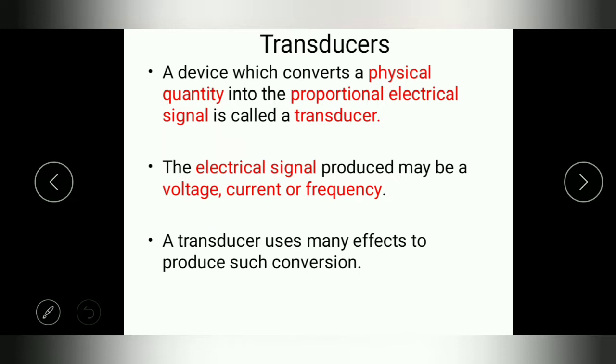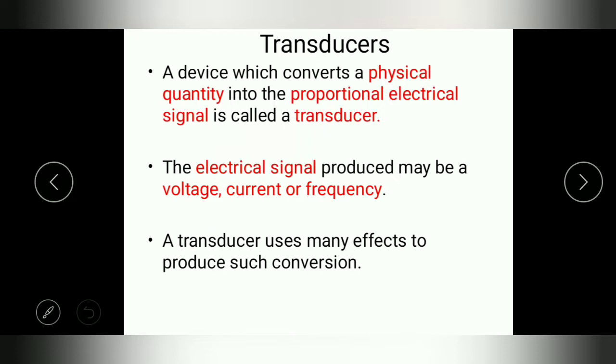As we already studied, transducers are one of the main parts of a generalized measurement system. The output from the primary sensing element is taken by the transducer and it transduces that to a signal, mainly of electrical form.